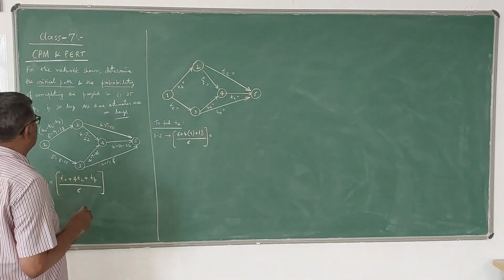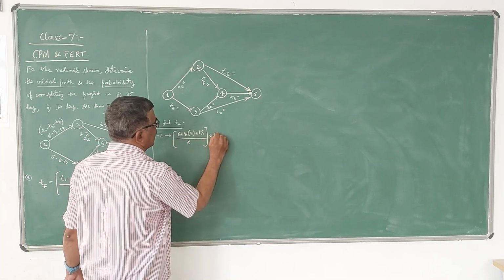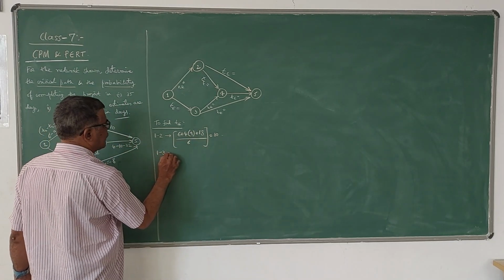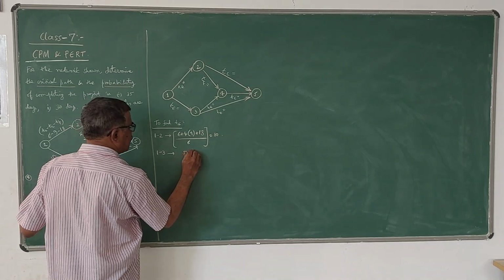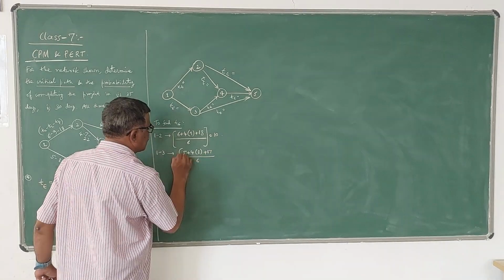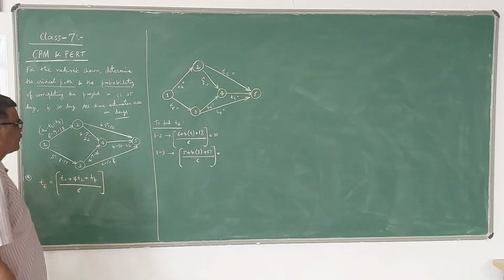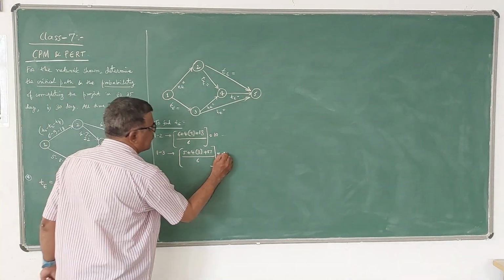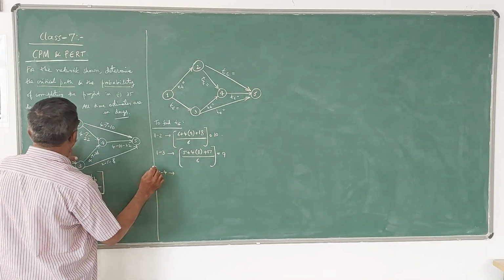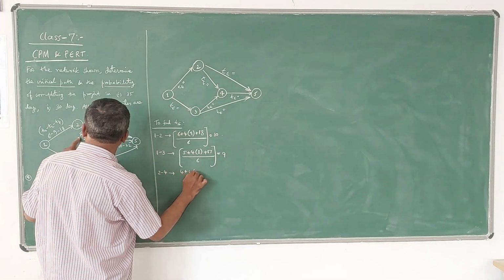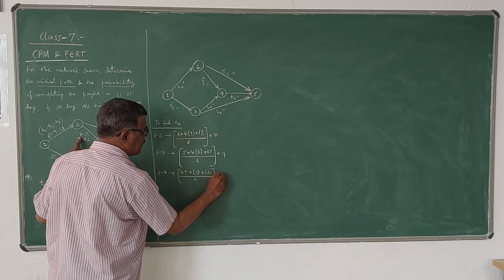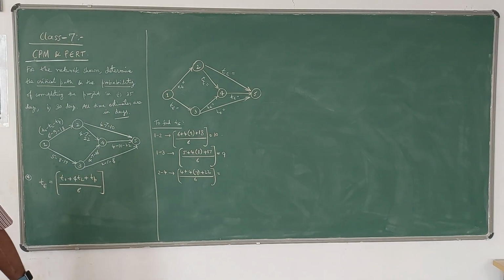What is the value? 10. Then for 1, 3, it is 5 plus 4 times 8 plus 17 divided by 6, which is 9. Then for 2, 4, it is 4 plus 4 into 7 plus 22 divided by 6, which is 9 also.